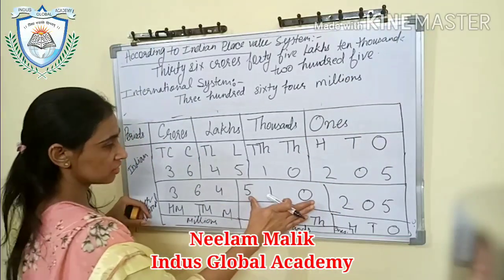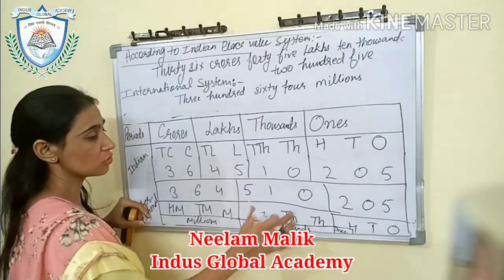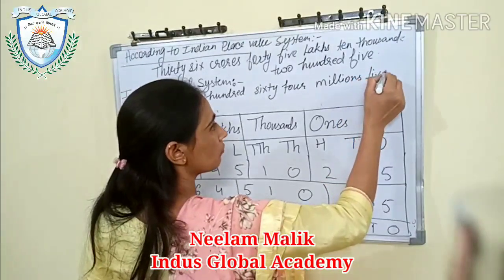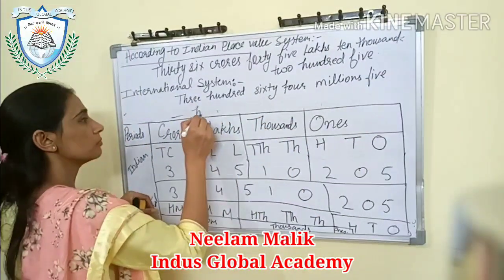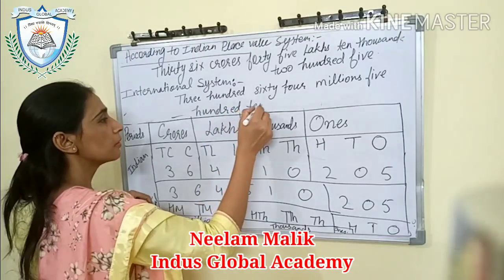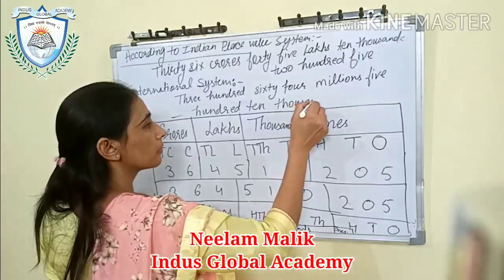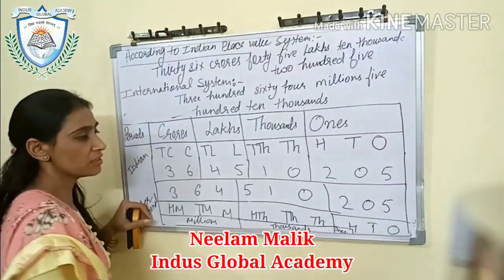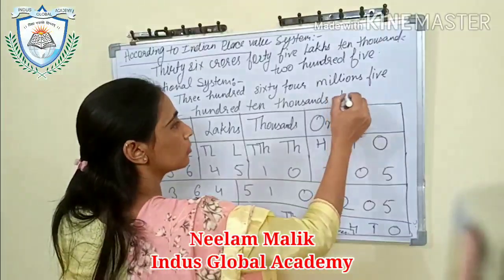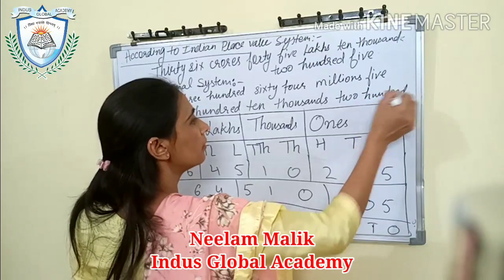Next is this, 510, this is in thousands, so 510,000. What is next? This is simple. 205.